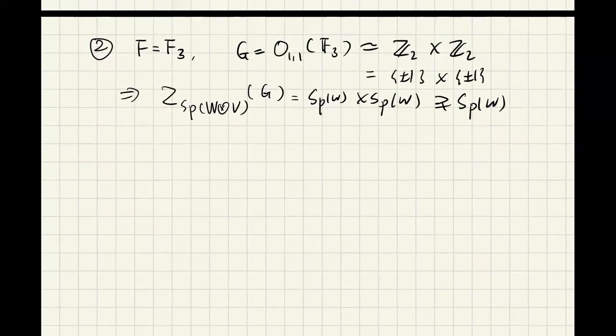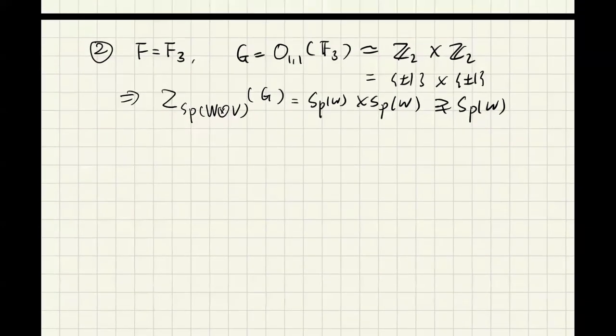One of the examples is this one. Consider the field F3, which has only 3 elements. Consider O(1,1), the orthogonal group of signature (1,1). Then the group O(1,1) over F3, the F3-points, will be, say, Z/2 cross Z/2.